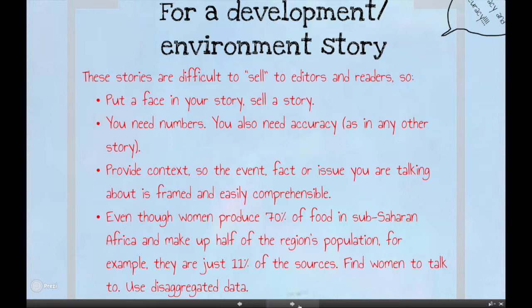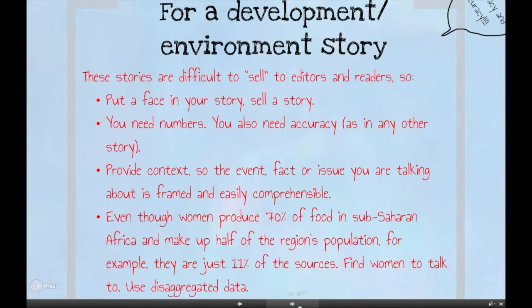Another advice that I would give is that you put a woman in your story. For example, even though women produce 70% of food in sub-Saharan Africa and make up half of the region's population, they're only 11% of the sources in stories about development in Africa.